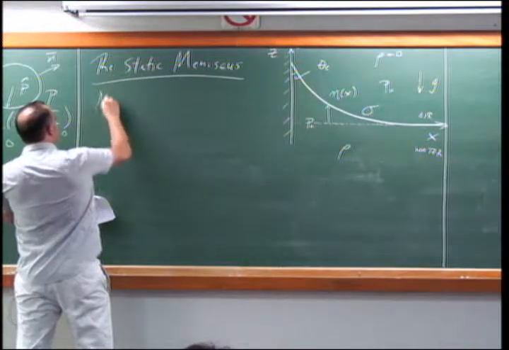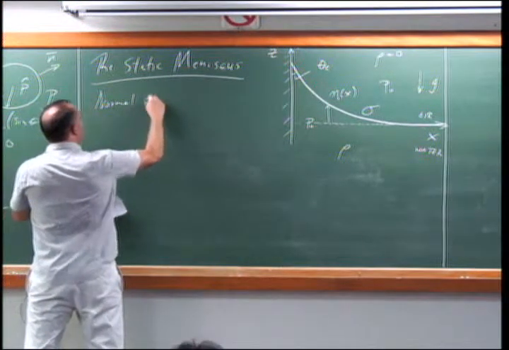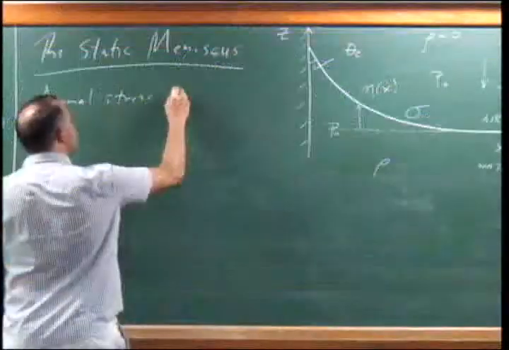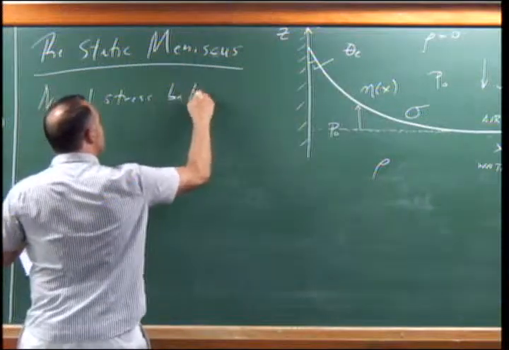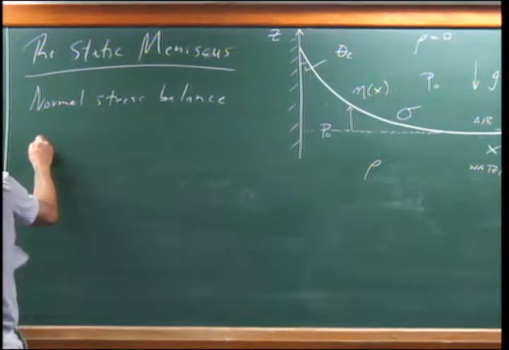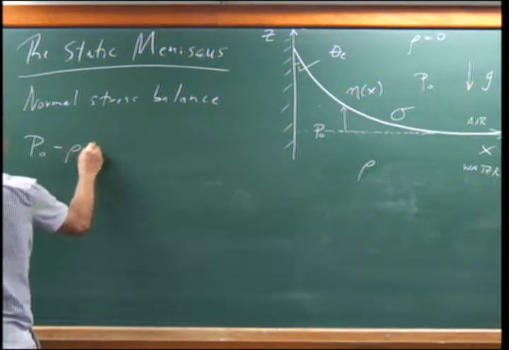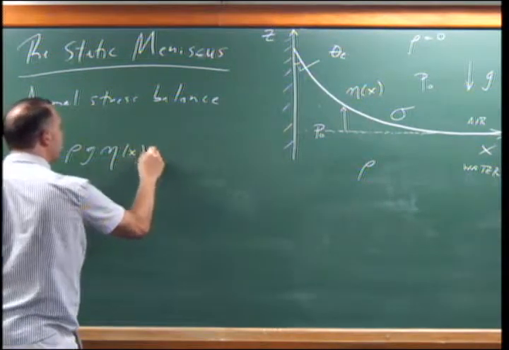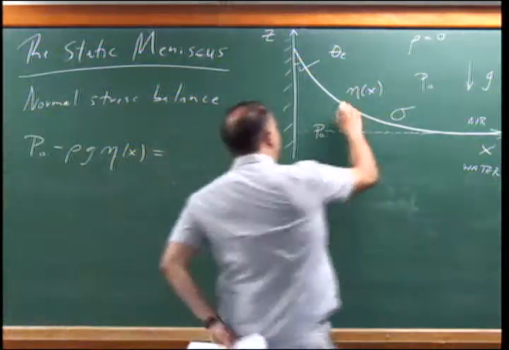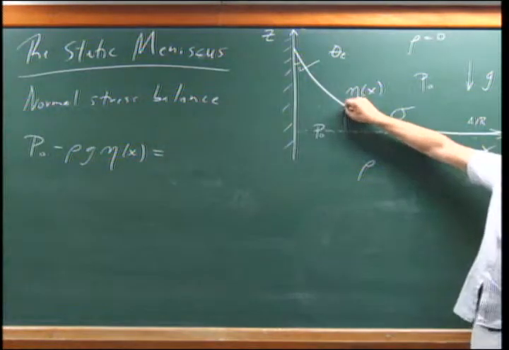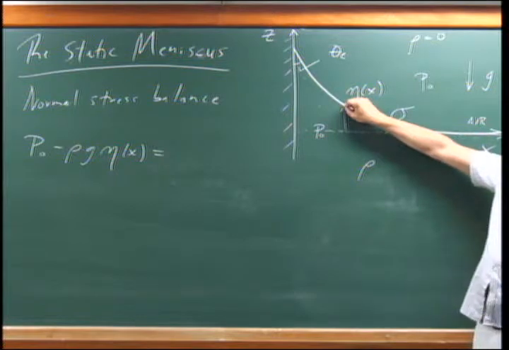So normal stress balance. It's P naught minus rho g eta of x equals, so what's the other way that we can get the pressure at that point? Just by going across the interface, right?